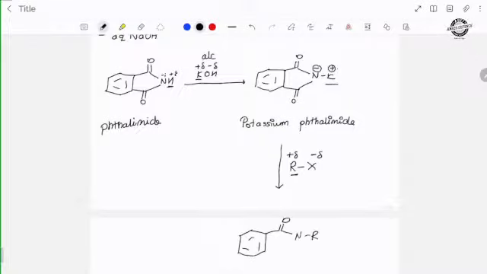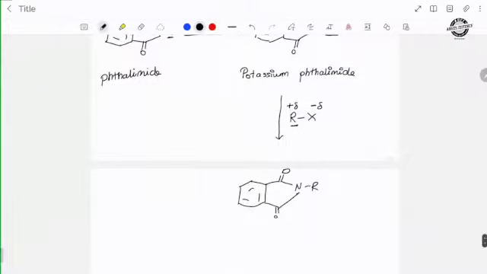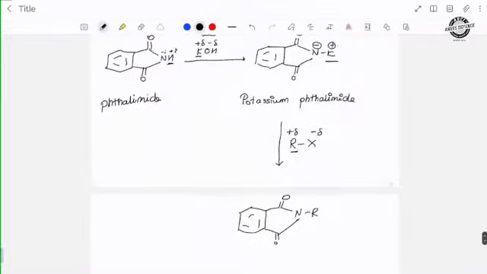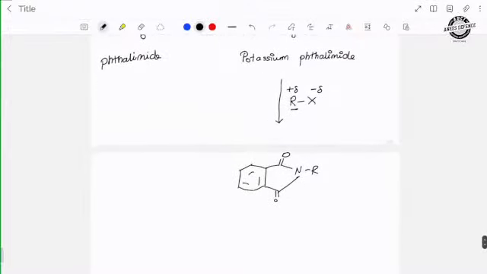So that becomes N R. And the name of this is N-alkyl phthalimide. We are not done with this.